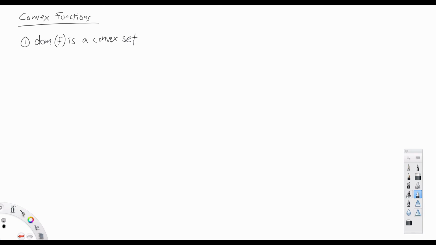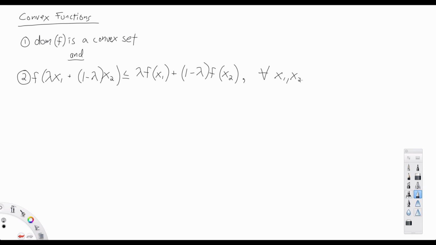Whatever the domain is, the first step is we need to verify that the domain of the function is a convex set. And then, in addition to that, a second requirement must be satisfied. This next part is a little bit more complicated to go through, but the basic idea is we need to have a look at 2 points that are in the domain of f.